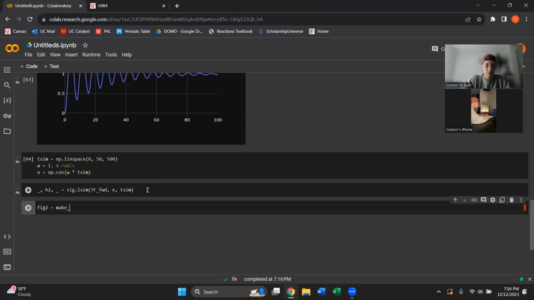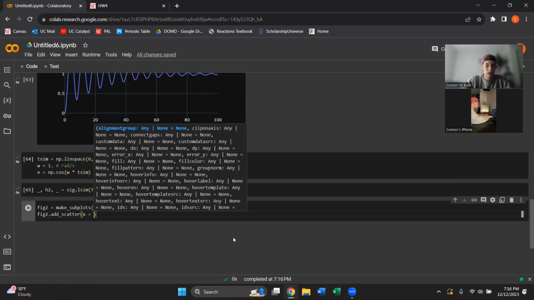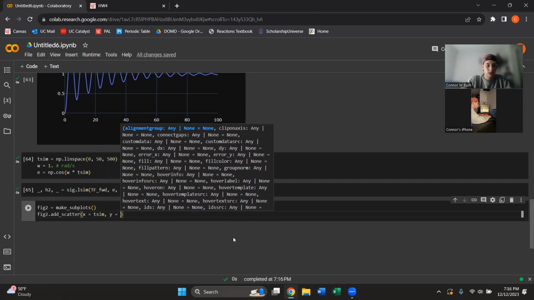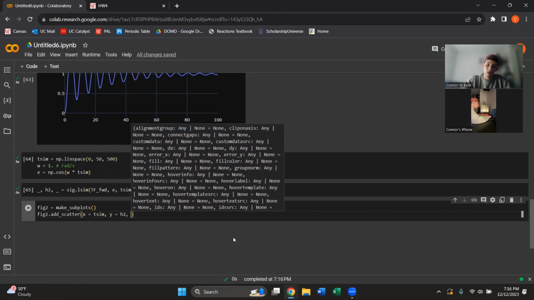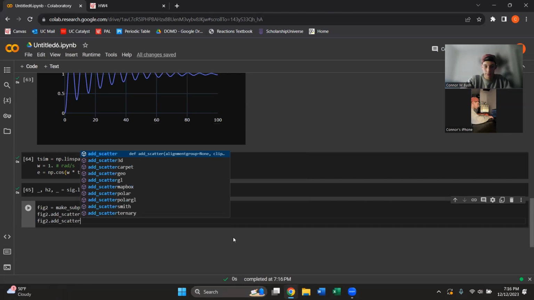So we're going to add our input and output, and we're going to superimpose that. So add scatter where our X is tsim, Y is H2, and then we're going to name this output since H2 is a response. And then we're going to add another scatter plot.